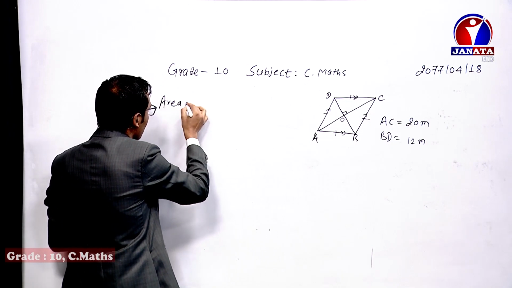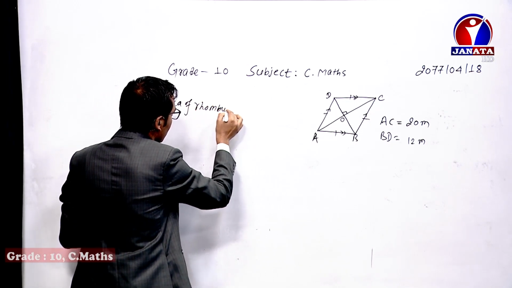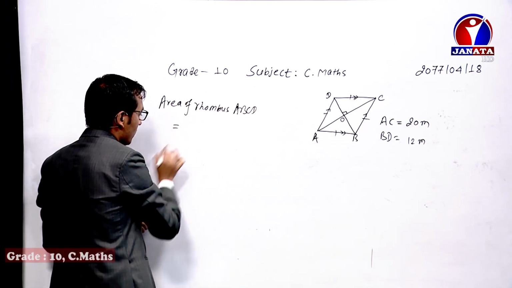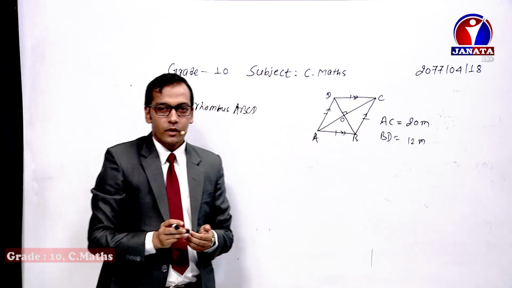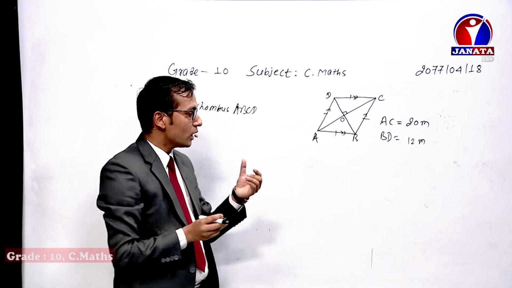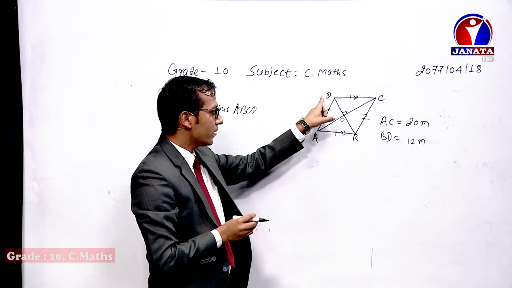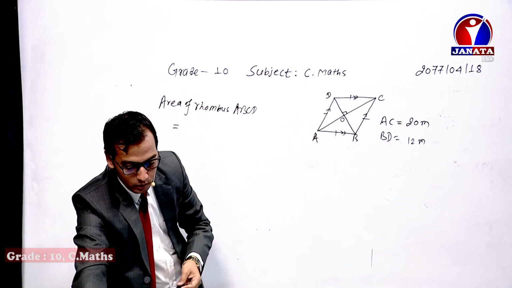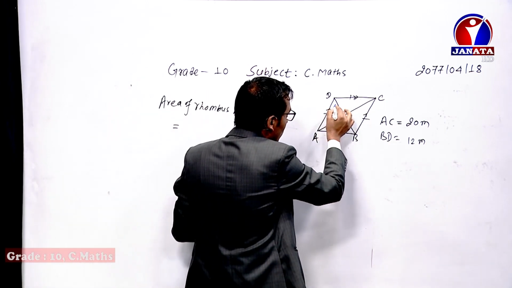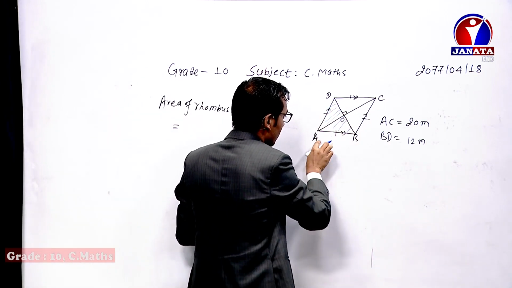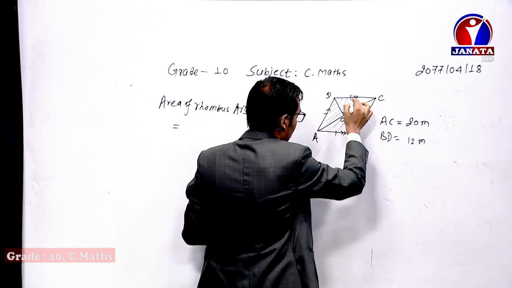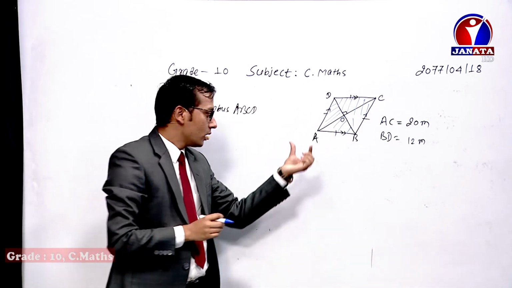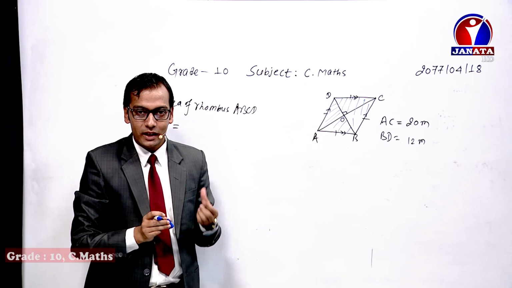Area of rhombus ABCD is equal to, we can say there are many triangles in a figure, so I am taking 2 triangles, ABD and BCD, because the sum of these 2 triangles in the figure gives the total area of rhombus ABCD.